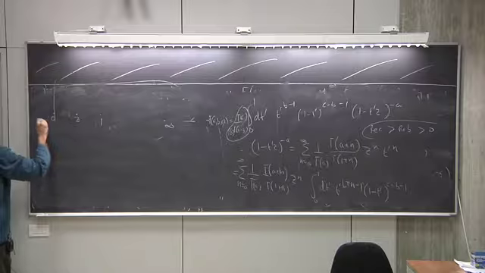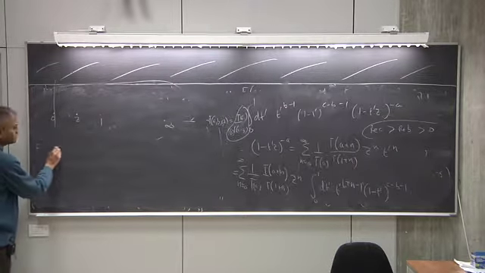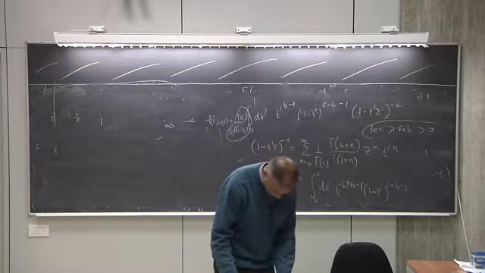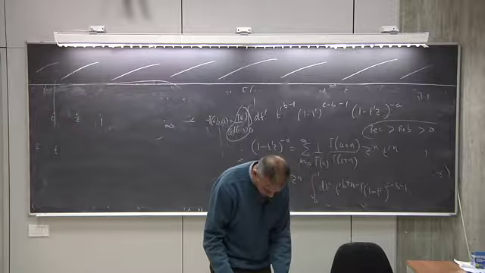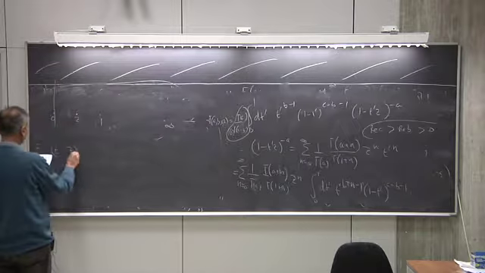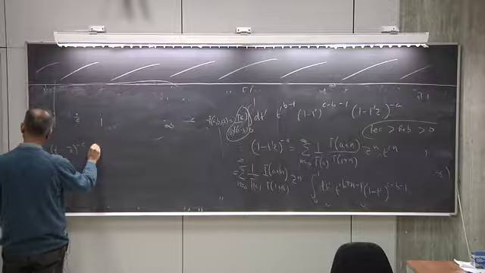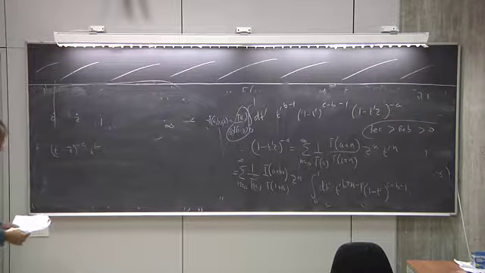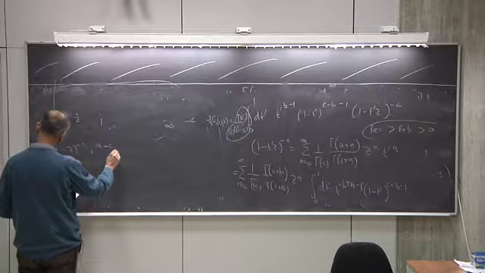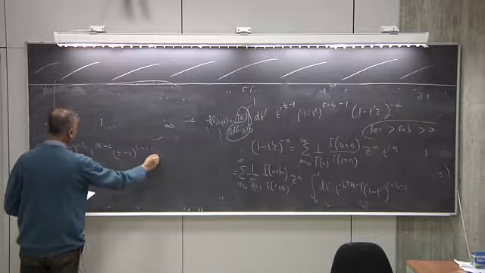I'm thinking about the t-plane, and I have to integrate. The original expression, before I did the change of variable, was (t minus z) to the power of minus a, t to the power of a minus c, and (t minus 1) to the power of c minus b minus 1 dt.